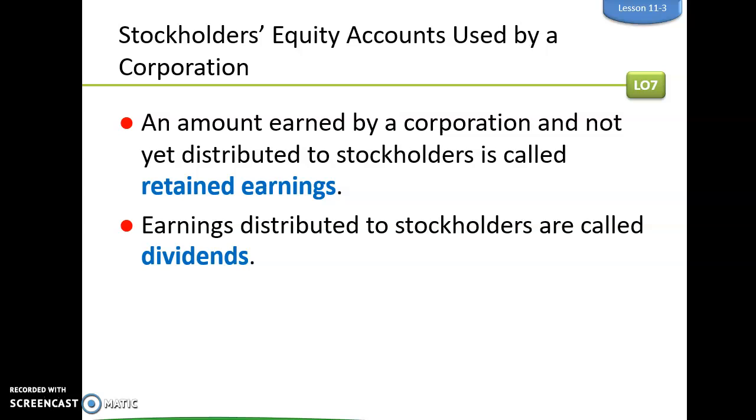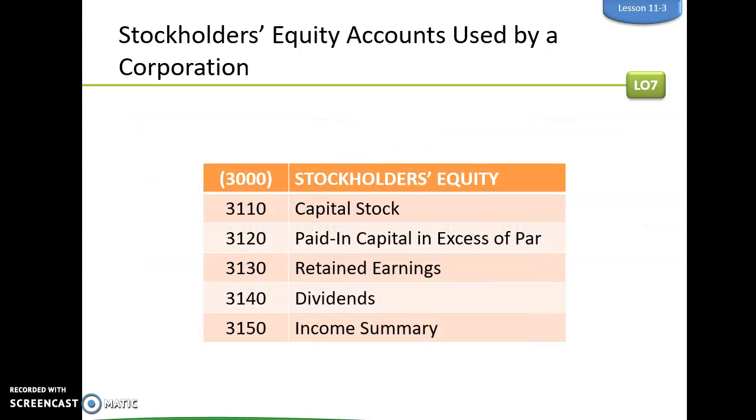And I want to head back here and show that the corporation's dividends account is a temporary account similar to a proprietorship's drawing account. So that drawing account we have to close out. So we also would have to close out this dividends account, because each time a dividend is declared, the stockholders' equity account, dividends, is debited.